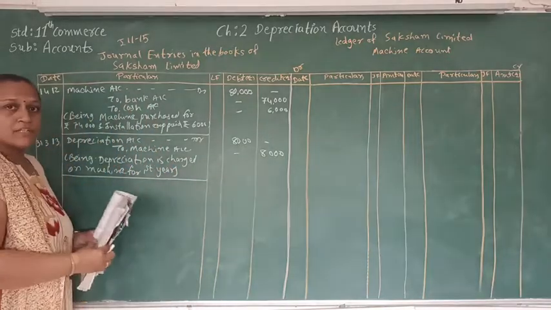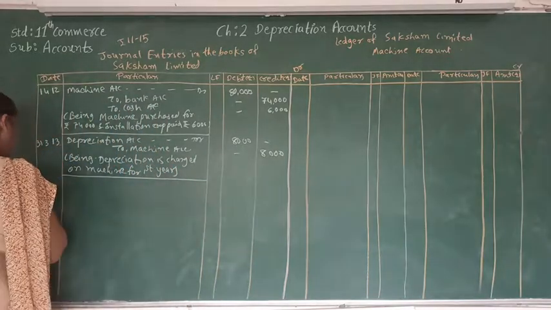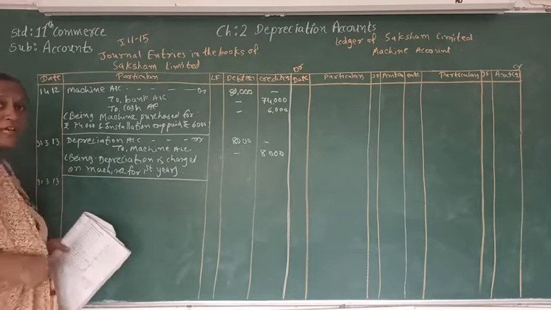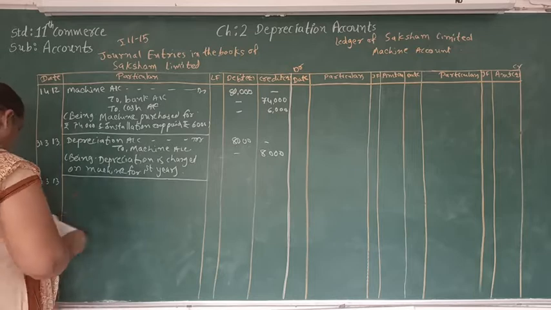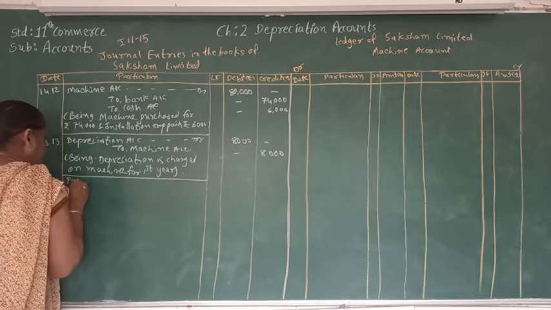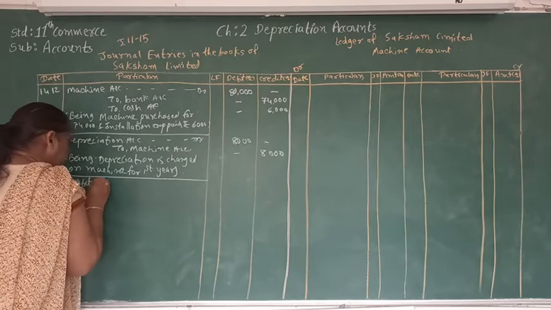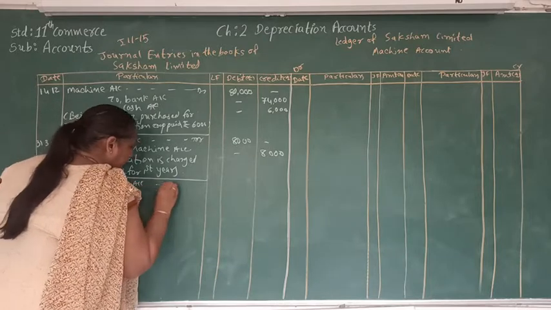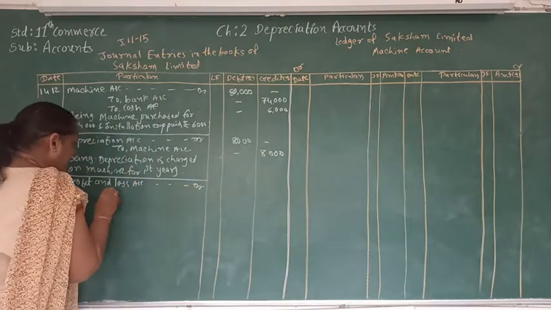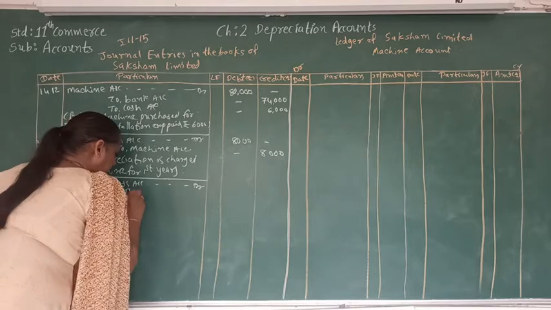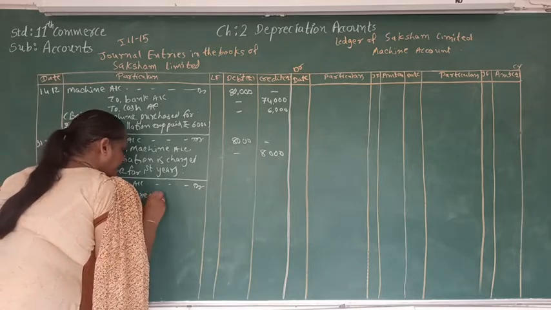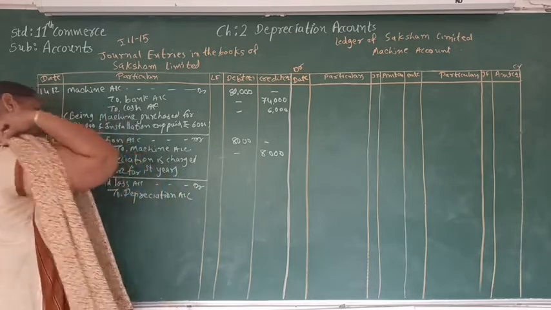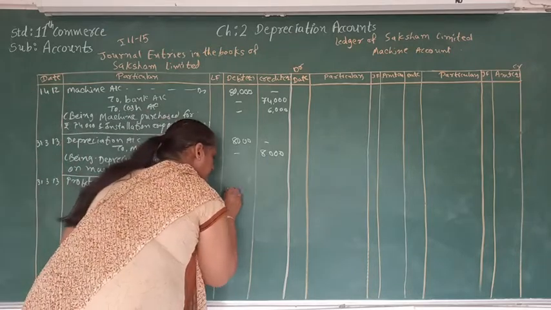Here again, to close the depreciation account, on the same day we are going to pass another journal entry: profit and loss account debit to depreciation. Here the amount will be the same, 8,000.